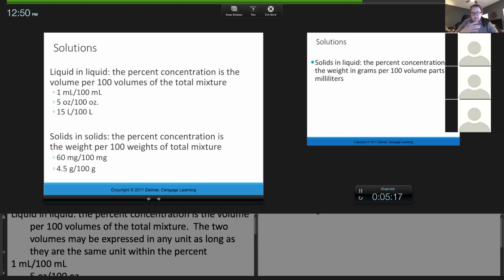And then technically when you set it up as a problem, 4 grams over 100, if you multiply that by 100, you would add the zeros and you cancel them out, which equals 40 milligrams per mil. Per 1 mil.